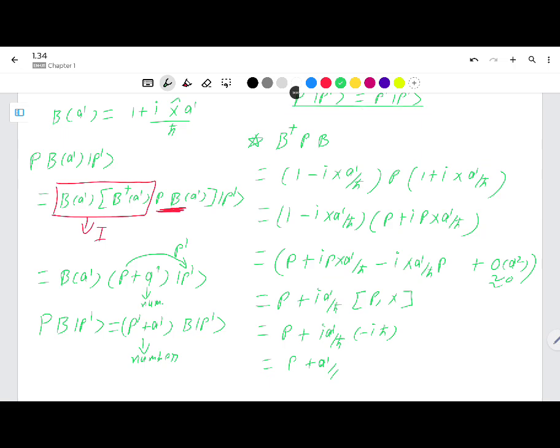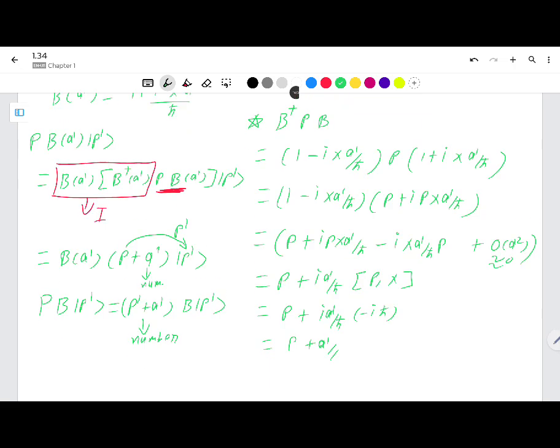Okay, so this basically means that B on P prime is giving us a shift of P prime minus A prime.